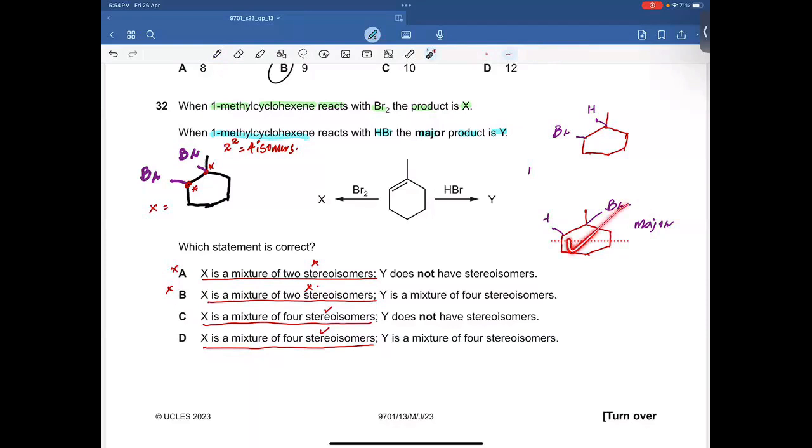This product follows the Markovnikov rule, whereas this product didn't follow the Markovnikov rule. Since the examiner is talking about the major product, we need to cancel this one.